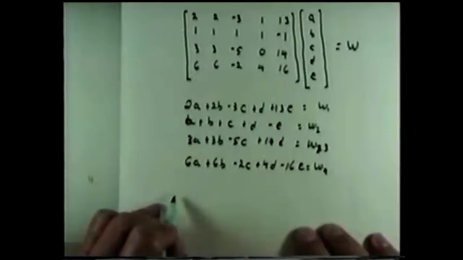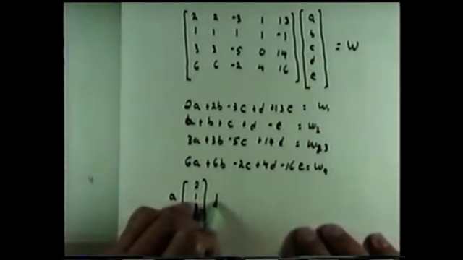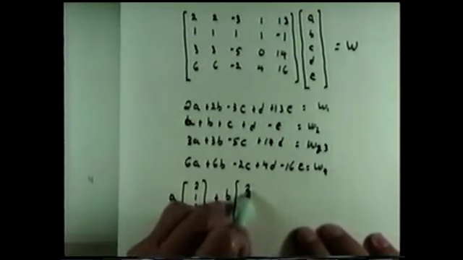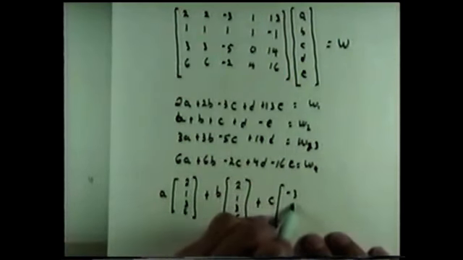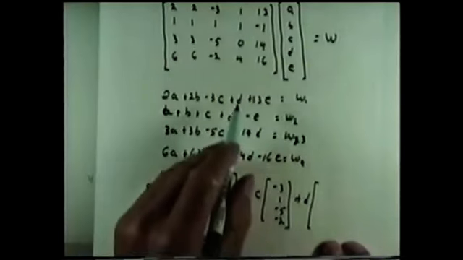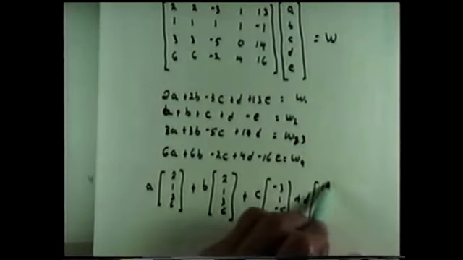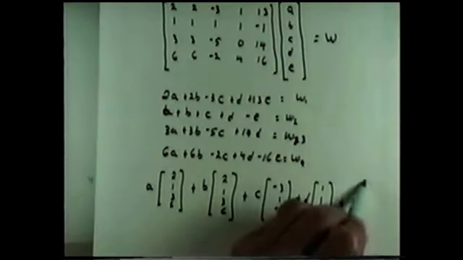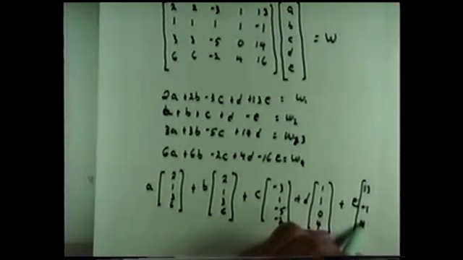Well, we can see that this would be A times (2, 1, 3, 6) plus B times (2, 1, 3, 6) plus C times (-3, 1, -5, -2) plus D times (1, 1, 0, 4) plus E times (13, -1, 14, 16).